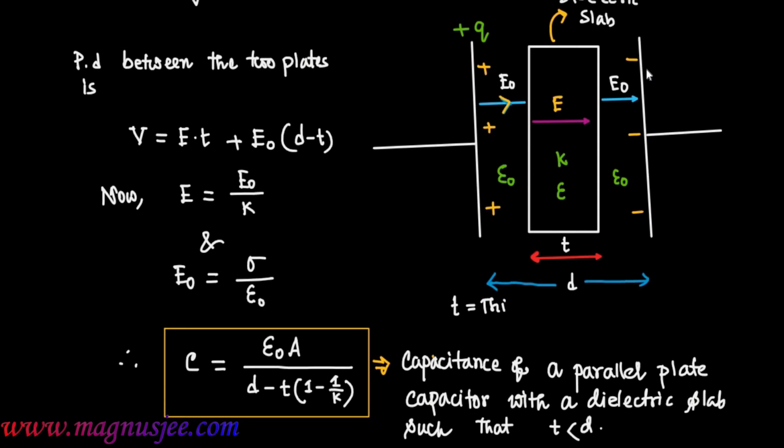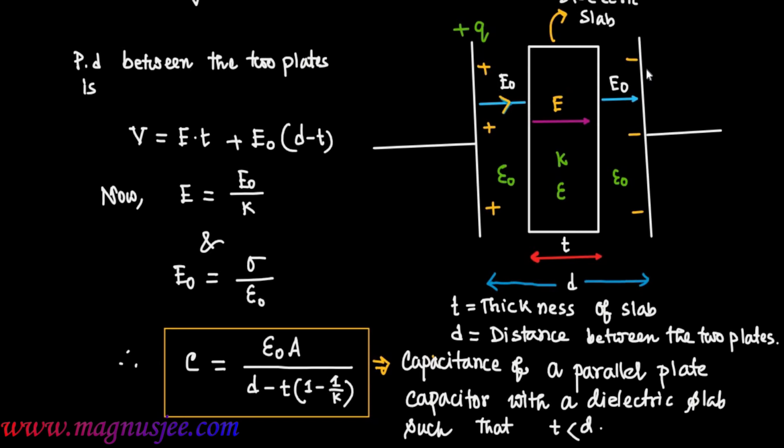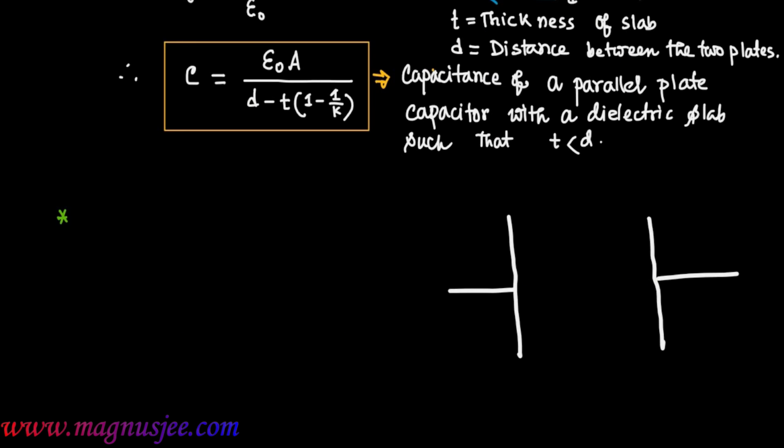That means t is less than d. Small t equals thickness of the slab. Small d is the distance between the two plates of the parallel plate capacitor.